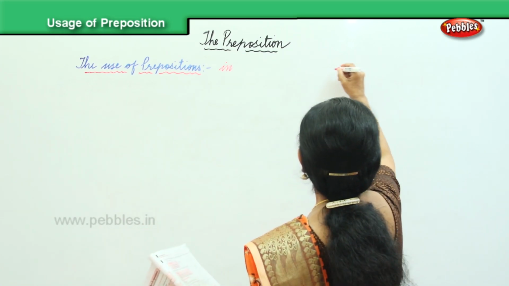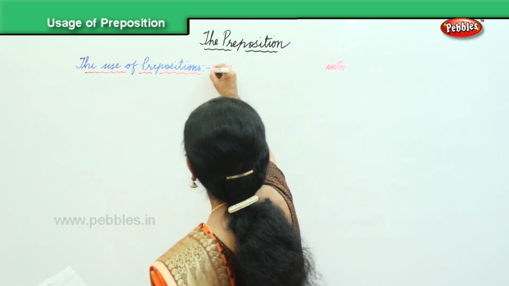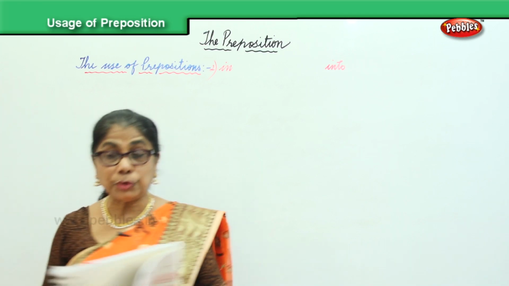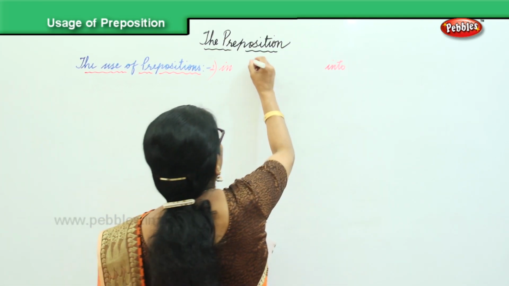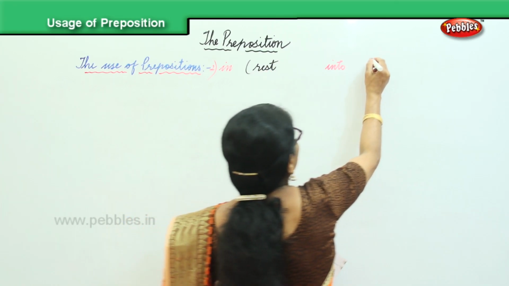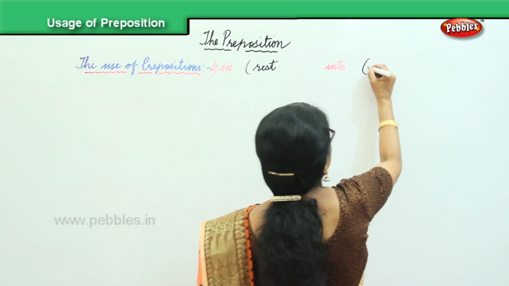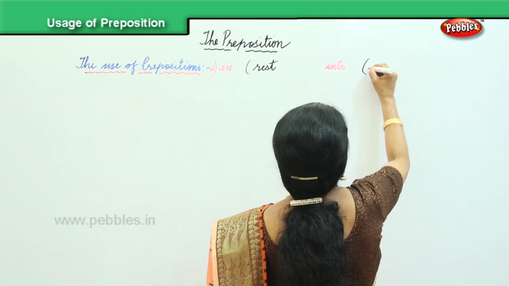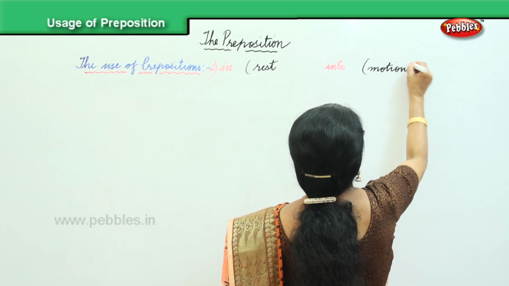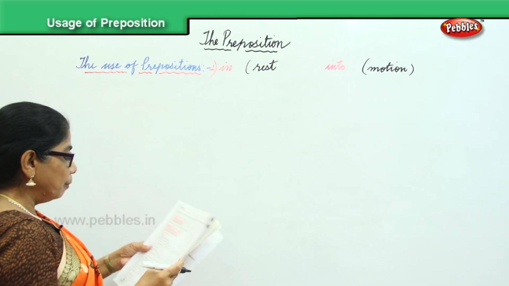Then we will do into. That's the second one. When you talk about in, again, we are talking about things of rest. When you talk about into, we are talking about things in motion. We need to remember things of rest and things of motion.